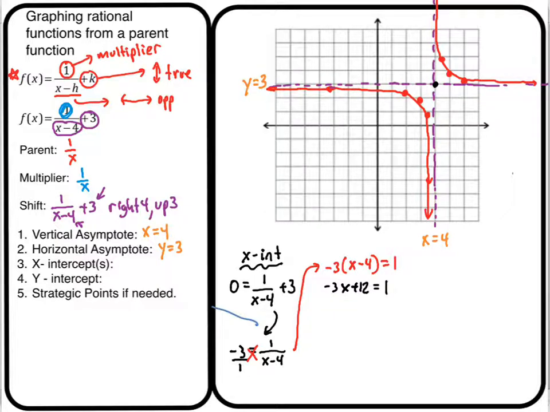I'm going to subtract 12 from each side, and that gives me negative 3x equals negative 11. Then divide by 3, so x equals 11 over 3.